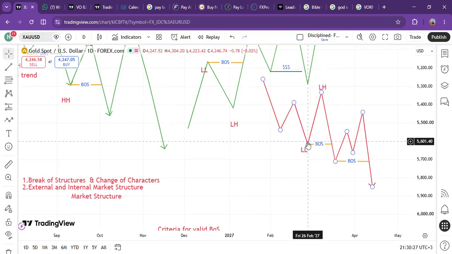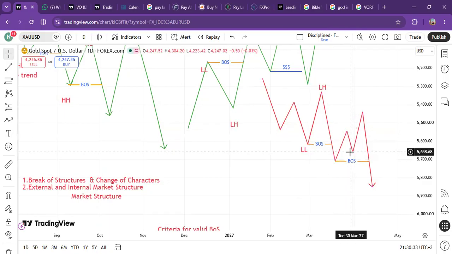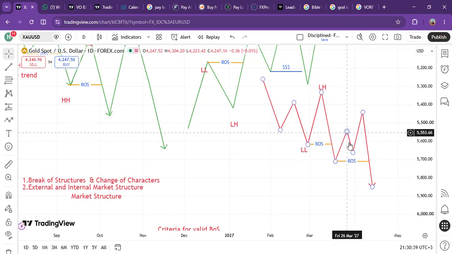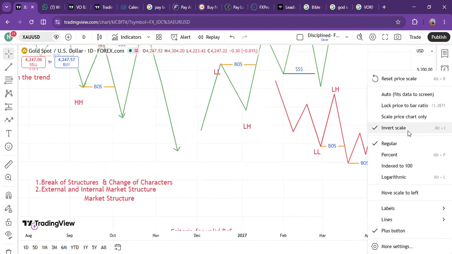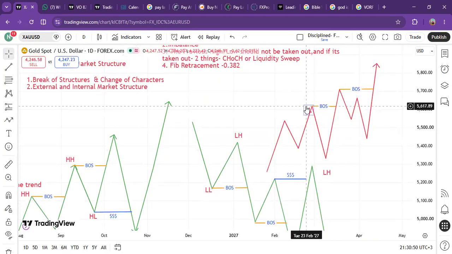Then the market continues down and gives a breakout structure there. We are not going to mark a breakout structure here, because the market went high to sweep liquidity above this point also. I hope now people understand that and the difference.